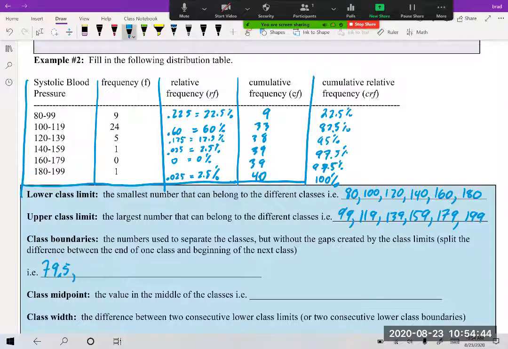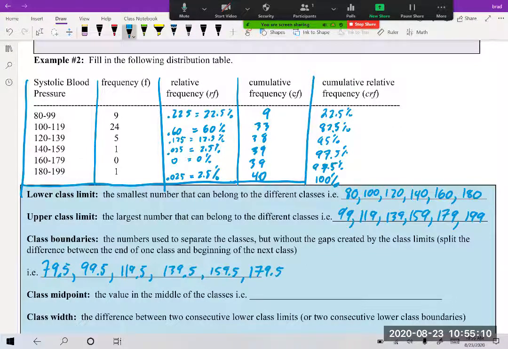right? 99.5, 119.5, 139.5, and 159.5. And I think 179.5. Yep.